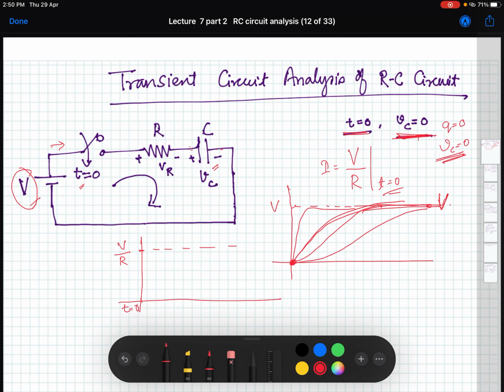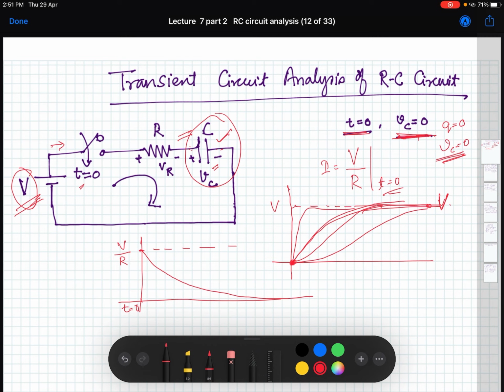In this way, it will start from V by R, and as the capacitor starts charging, the voltage across the capacitor will start increasing, and the difference between the source voltage and the capacitor voltage lowers, and the current starts decreasing, and it will decrease up to a point when the current ceases to flow, because this capacitor would charge up to point V.